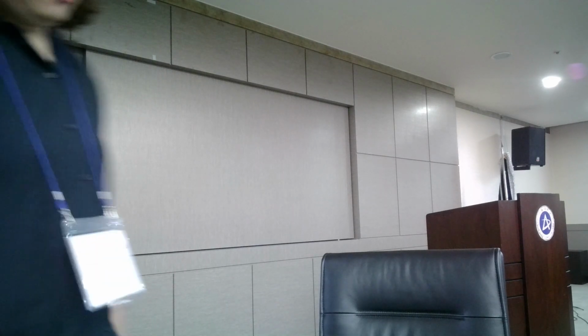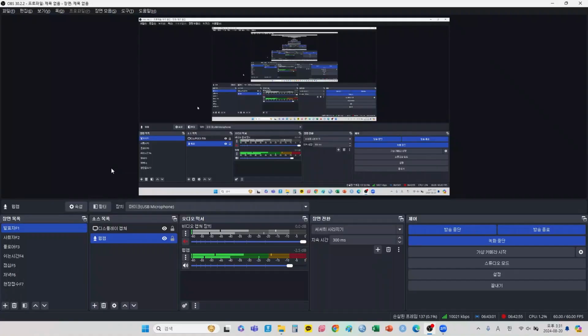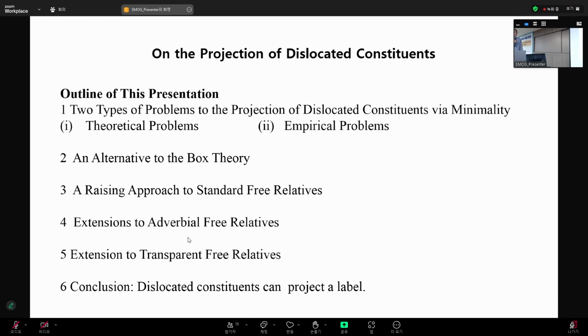Okay, good afternoon. Today I'm going to explore the possibility of projecting a dislocated constituent. This is the outline of this presentation. First, I'm going to point out two potential problems for the projection of dislocated constituents. The first one is theoretical problems, and the other one is empirical problems.